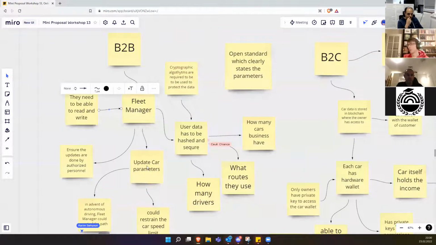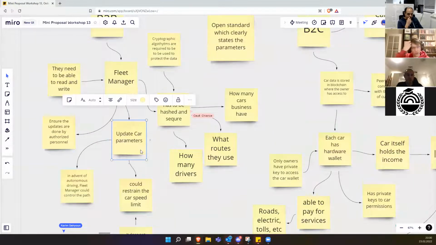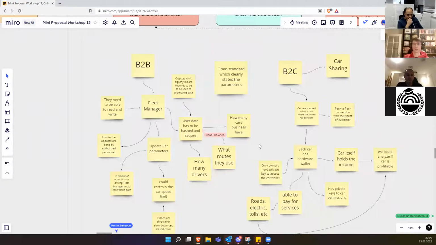Basically these are two sides of the story, and maybe you want to combine them, but lean on some aspect first, because this is the goal of the mini proposal workshop.